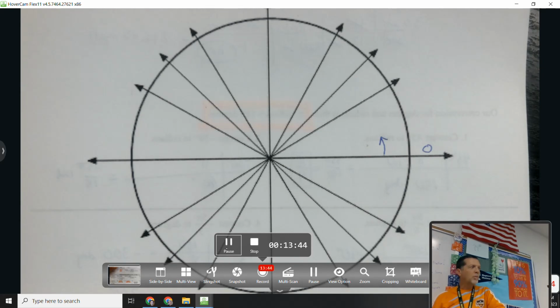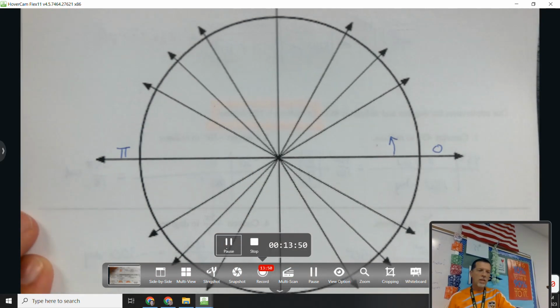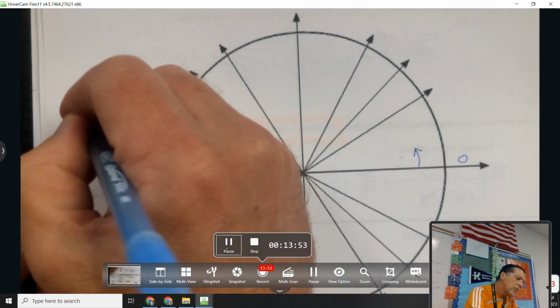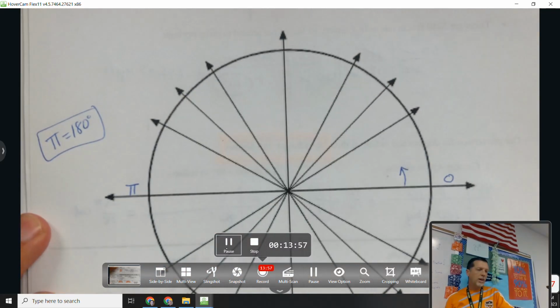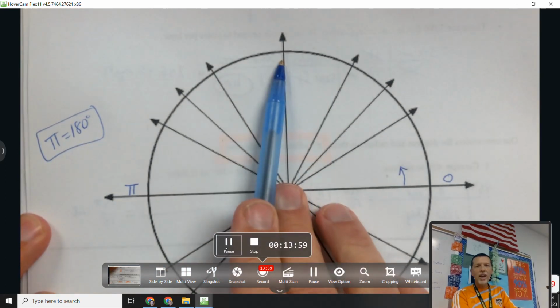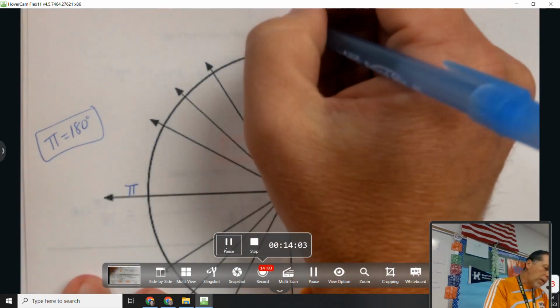What's equal to pi? 180. So I can come over here to 180 and I know that's pi. So if you can remember that pi equals 180, you can pretty much figure out the rest, because halfway between 0 and pi is right there, and that'd be pi over 2.